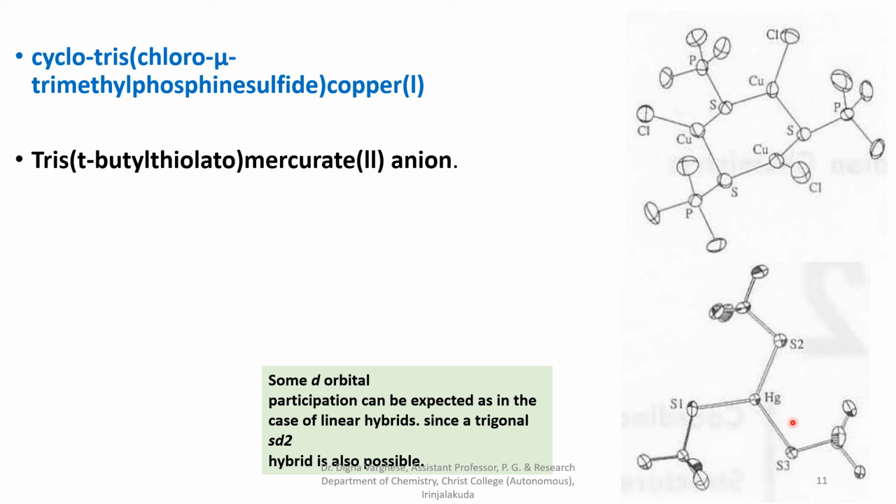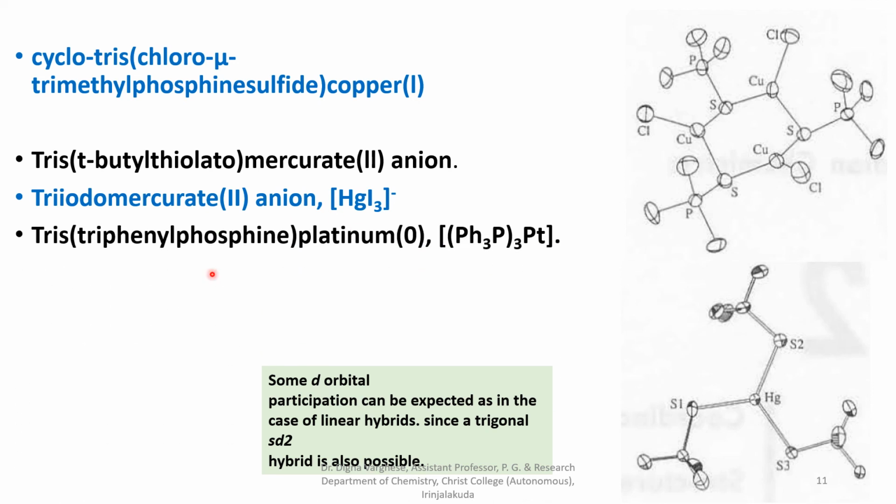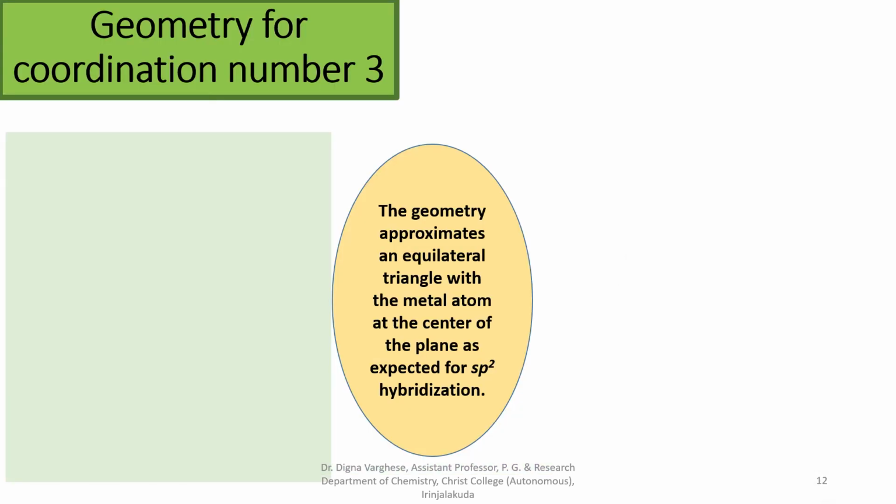Here mercury is the central metal atom joined to 3 sulfur atoms from tertiary butyl thiolate. Another one is the triiodomercurate(II) anion, HgI3-. Tris(triphenylphosphine)platinum. These are some examples of coordination number 3 complexes.